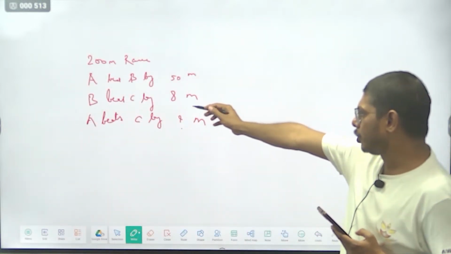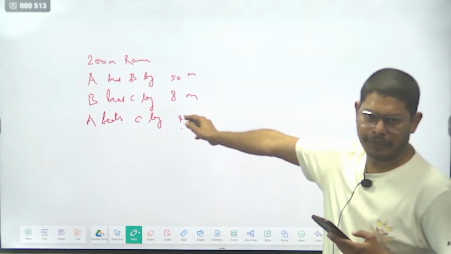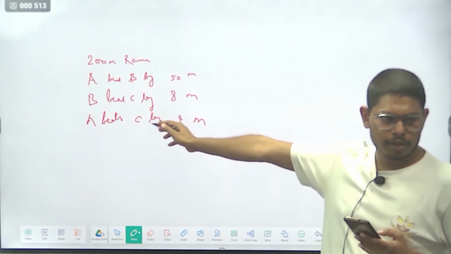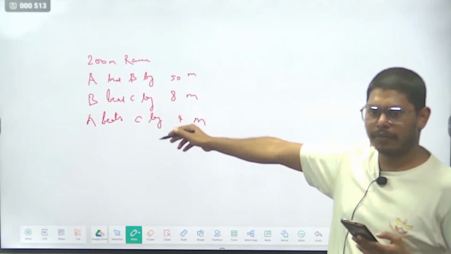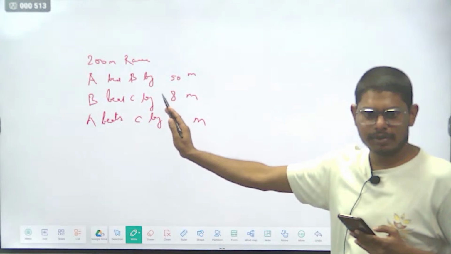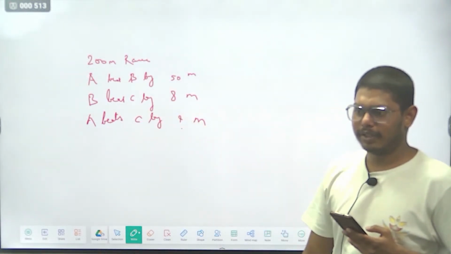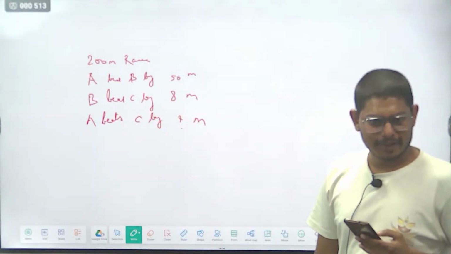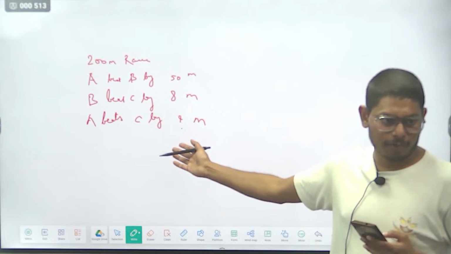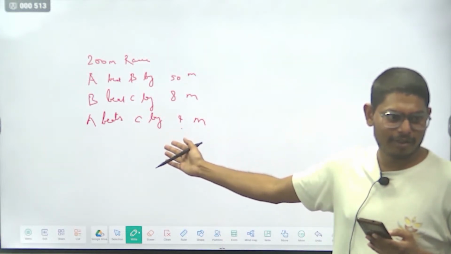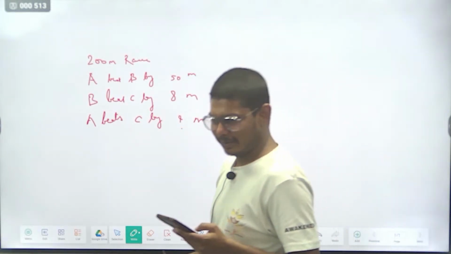One thing is for sure, this number is going to be greater than 50. So anything you see less than 50, you can just cross. Then you will be just doing 50 plus 8. For the sake of God, do not tick 25.